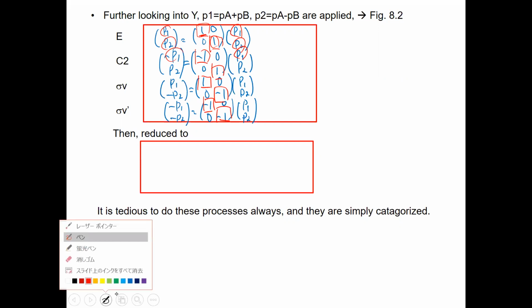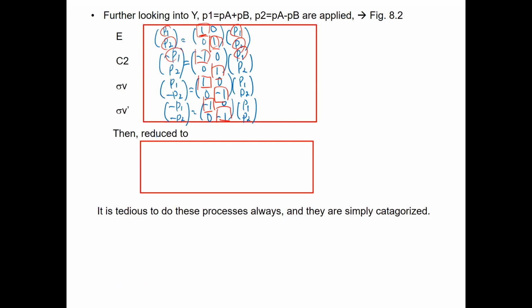For the P1 case, D of E equals 1, D of C2 equals minus 1, D of sigma V equals 1, and D of sigma V dash equals minus 1.